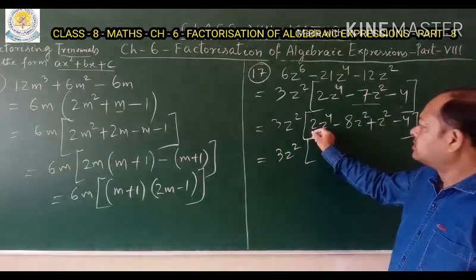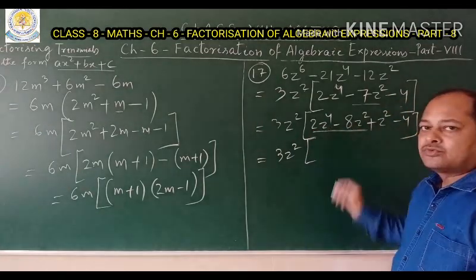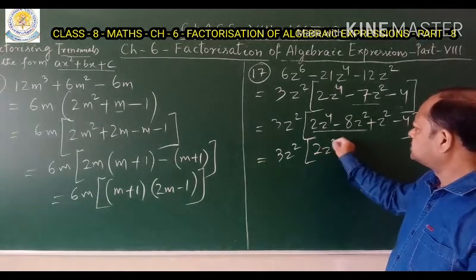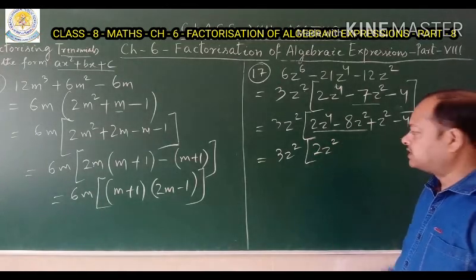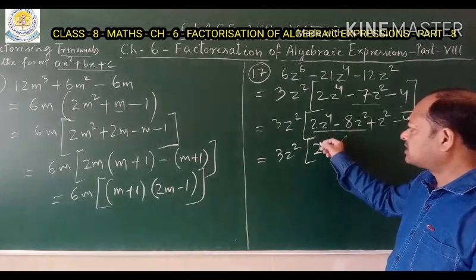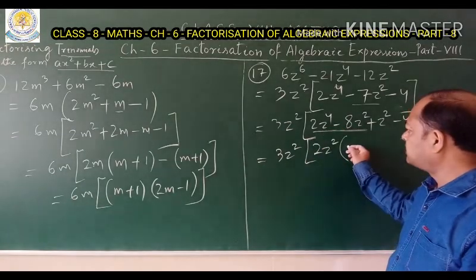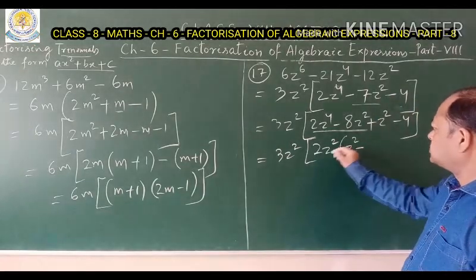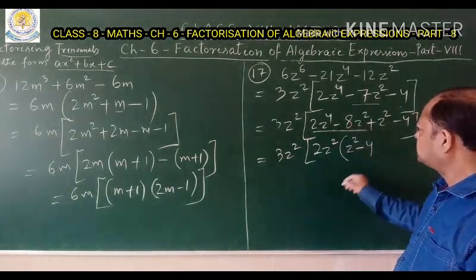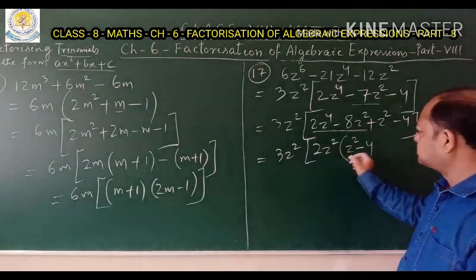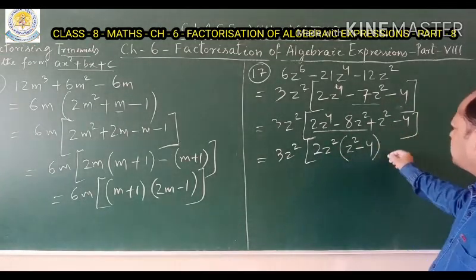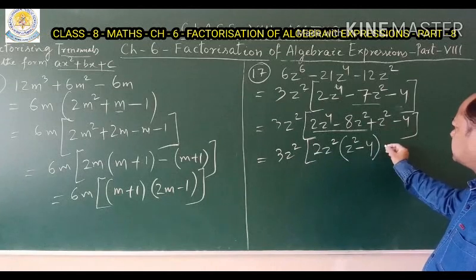Now we'll solve. What is common between these two terms? It is 2z square. 2z square is common here. If you take common, what is left here? That is only z square. Then minus 2 into 4, 8. Already z square taken common, so z square minus 4. Then what sign will be there? Here plus sign.